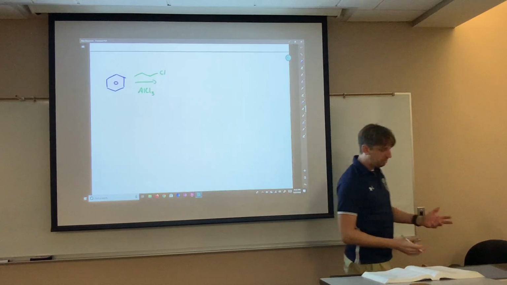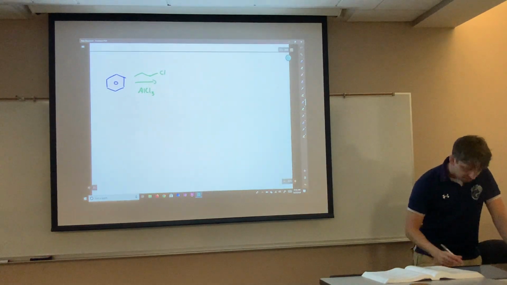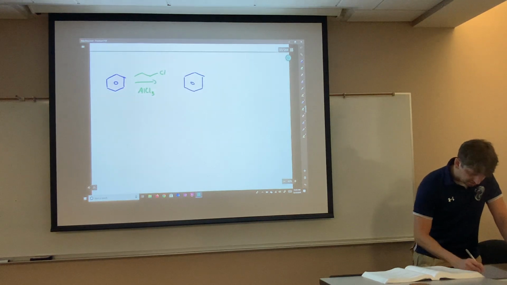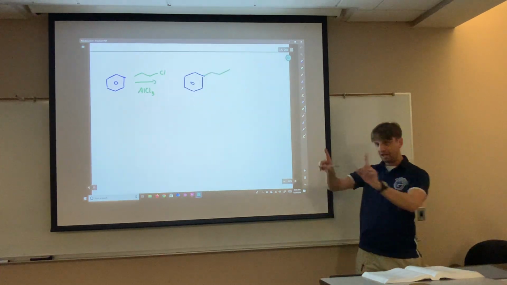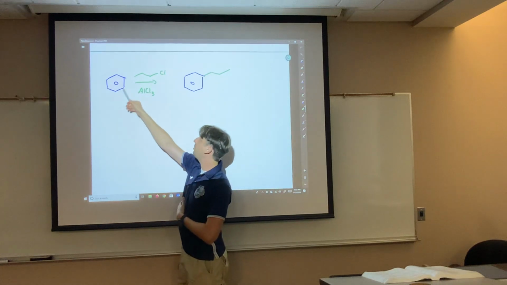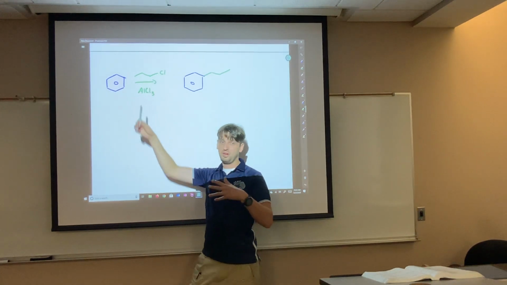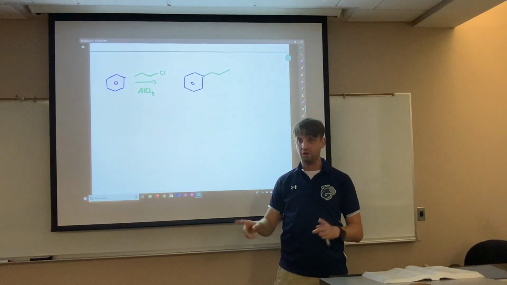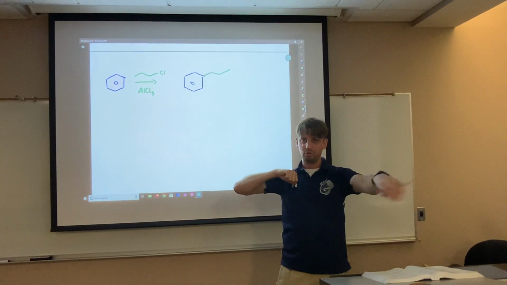So on paper, if we weren't thinking, if we weren't following along, we would say that this is our answer, where we simply end up connecting our aromatic ring with wherever our halogen used to be. If you back it up to what we just did, that's all we really ended up doing. We just took the chlorine away and put the aromatic group in its place.